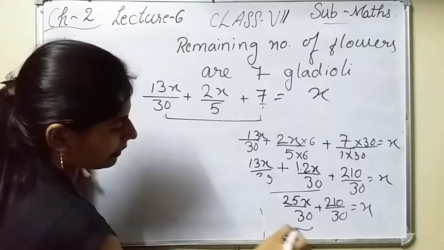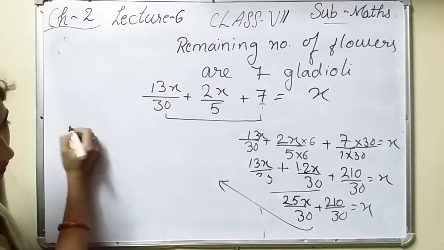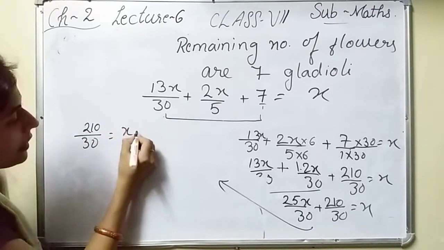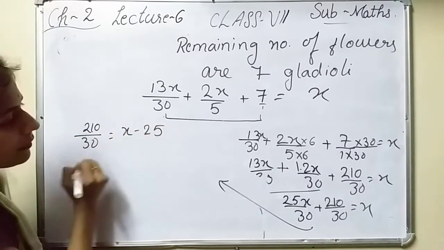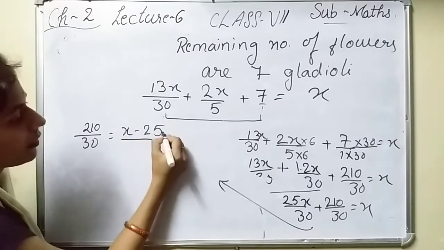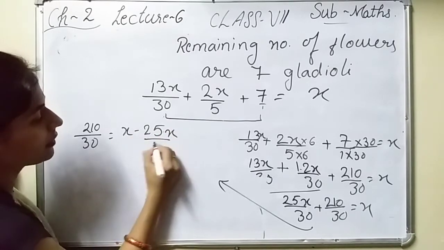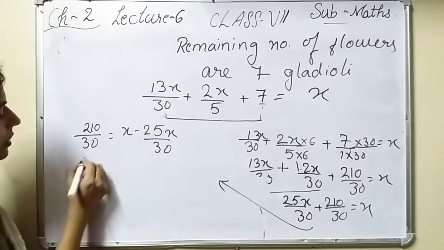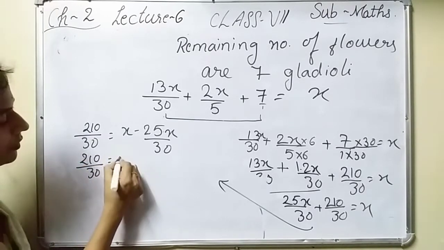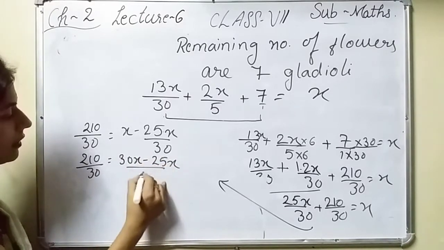See, I am solving the remaining part here. 210 by 30 is equal to x minus 25x by 30, which is 30x minus 25x by 30.